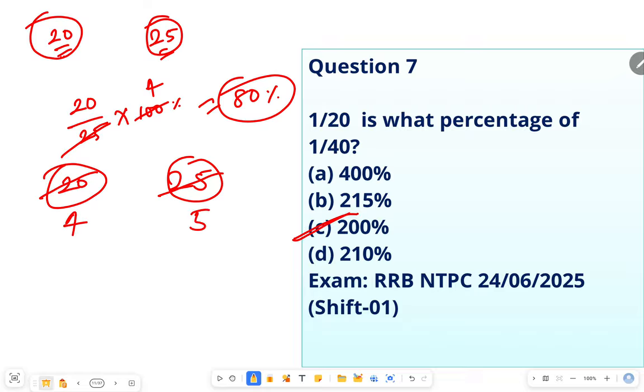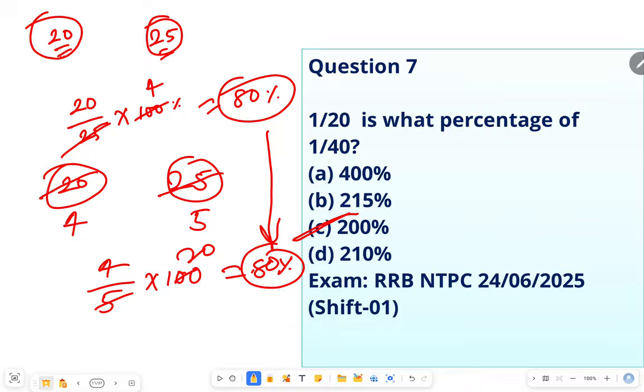So if I have to change it in the form of percentage, then how much will it be? 4 upon 5, that's 80%. We have the same result. So with this, what have we learned? We have learned one concept. Instead of taking the actual numbers to change into percentage, we can also take the ratio of those numbers. So it's not that big a deal, right?